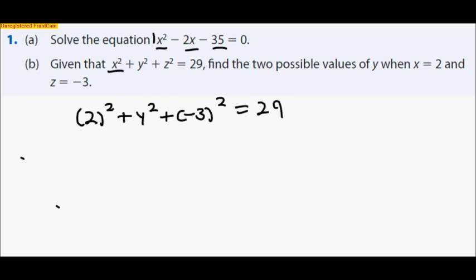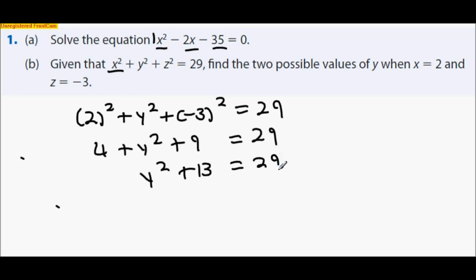Put it into the calculator, and we get 4 plus y squared plus 9 equals 29. And we get y squared plus 13 equals 29. So next, bring the 13 over to the other side: y squared equals 29 minus 13, which is 16.